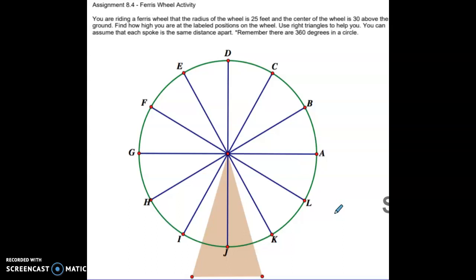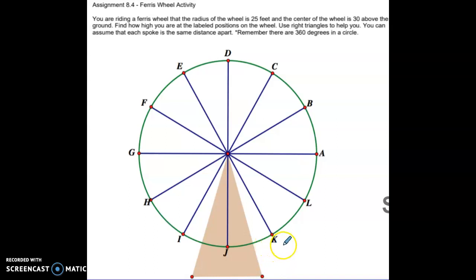Well, if J is at the bottom, how high off the ground are you at the other points? So that's what we're looking at here. We are going to find the height of all of the points from the ground, and the ground is from the Ferris wheel on up. So we're just going to list all those points.